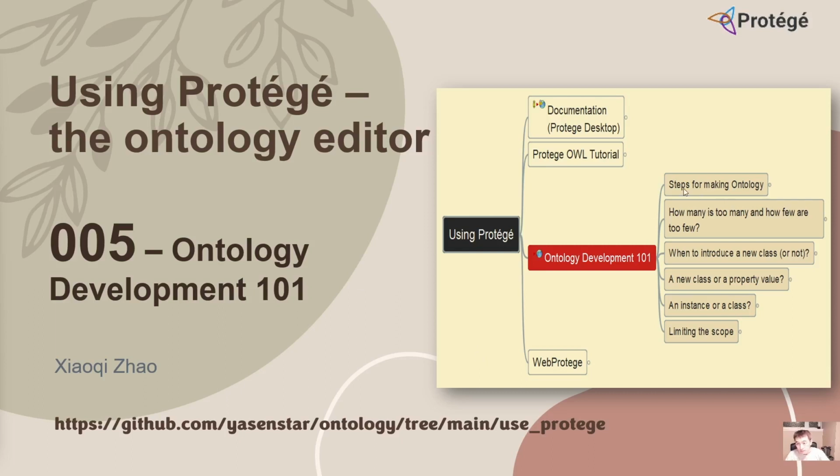One is, before we go into detail on every menu and every view within Protege, let's have a common understanding of the steps for making one ontology, no matter whether it is a bigger one or a small one. And also, through this development guide, I digested some key questions that come from these documents.